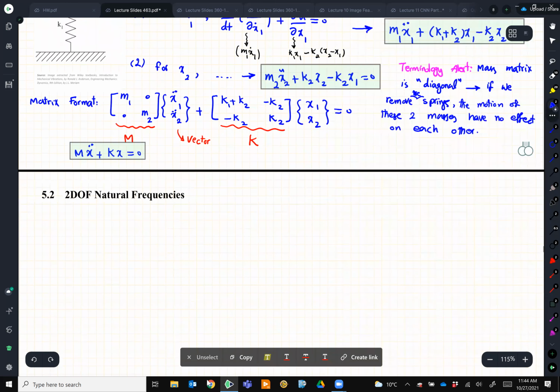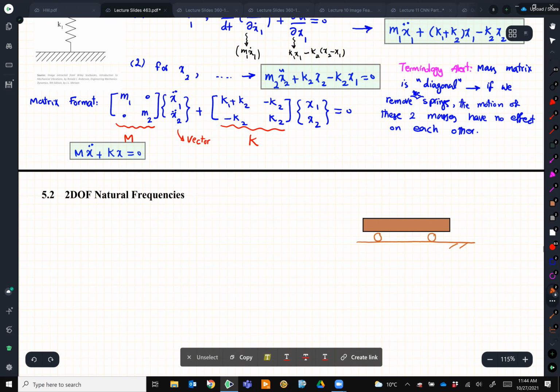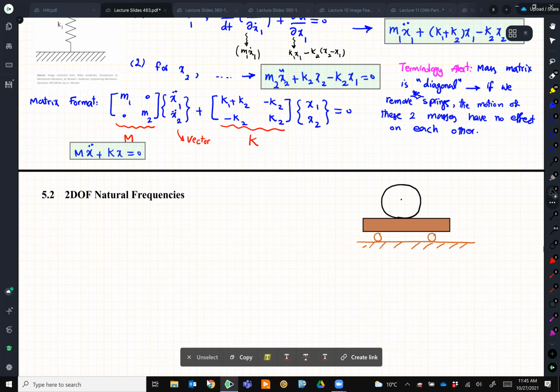Just as a test, let's say I have a cart, and this is on a wheel. And then on top of it, I have a wheel. So I have a cart, then I have a wheel on top of it. This rotates with theta, and this one is moving with x.